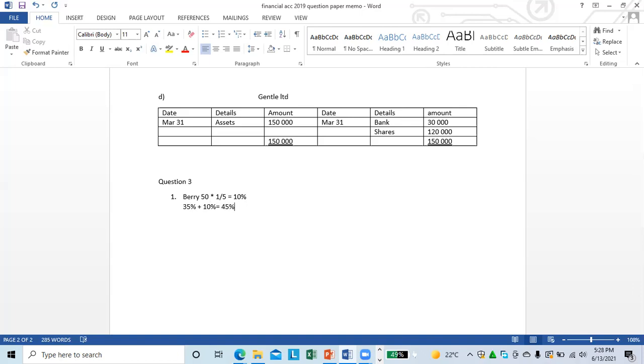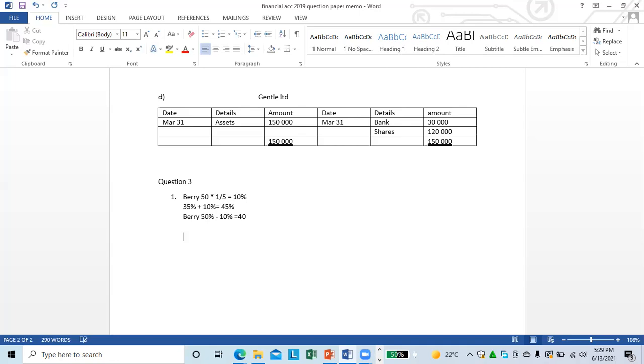And if we are to calculate Barry's new interest, that will be 50%, and then we subtract the 10% that he sold off to Rita. How much will be his new interest in the business? It will be 40%.